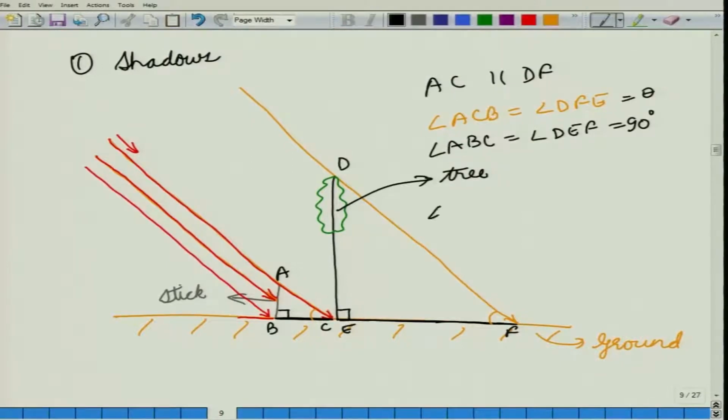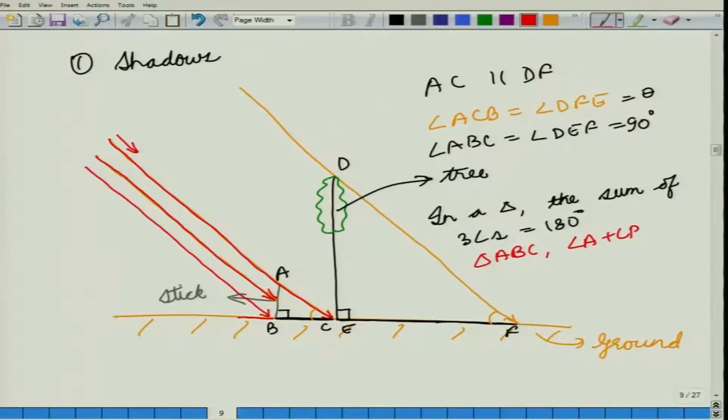Now, we know that in a triangle the sum of three angles is equal to 180 degrees. So, in the first triangle, in triangle ABC, we have angle A plus angle B plus angle C is equal to 180 degrees.